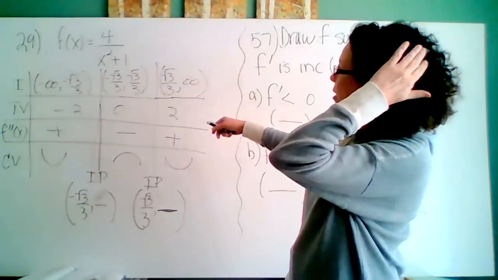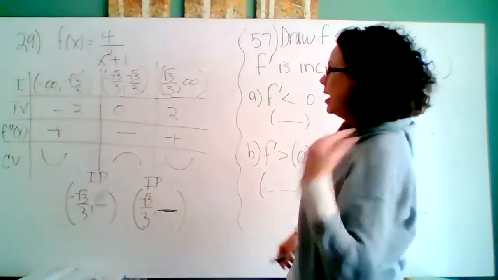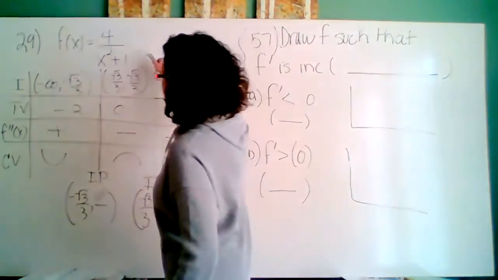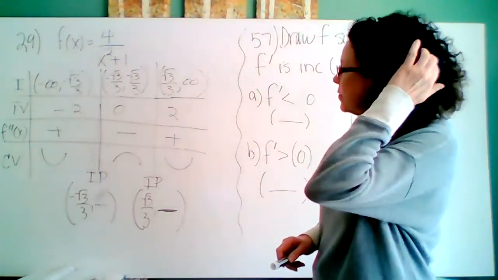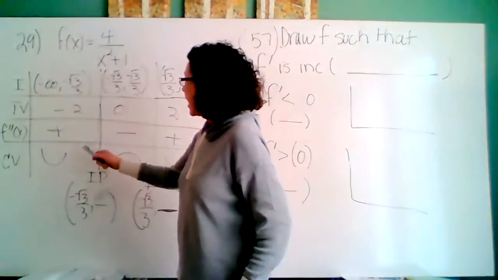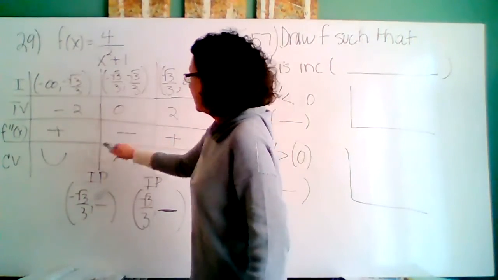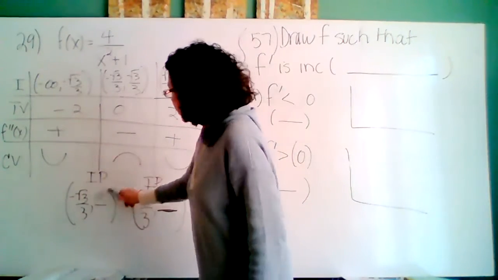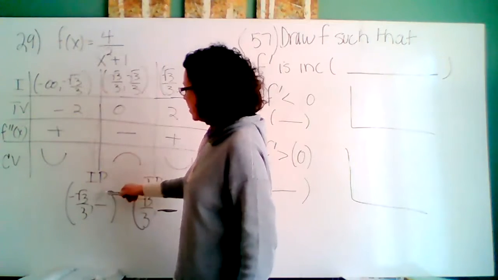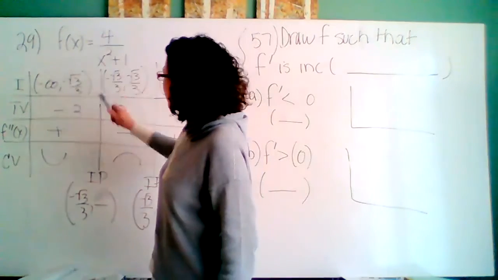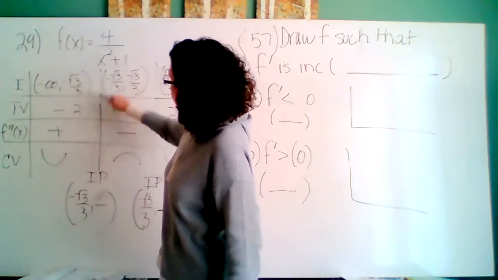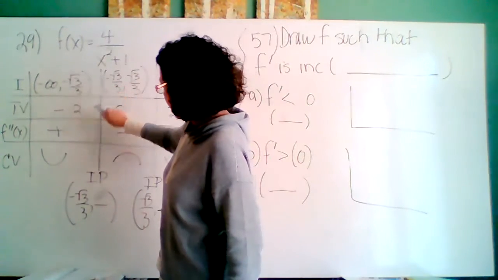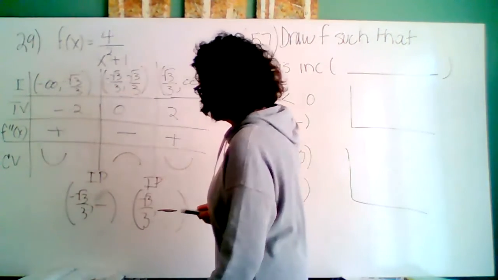So on number 29, we had actually worked out everything for this function: where the critical points were, where the function was concave up or concave down. And what we had gotten down to was that there must be an inflection point at x equals negative square root of 3/3, because the second derivative was 0 there and the concavity was changing.